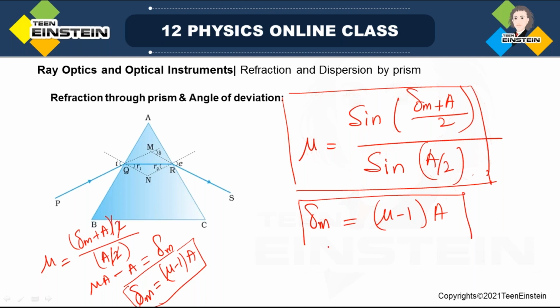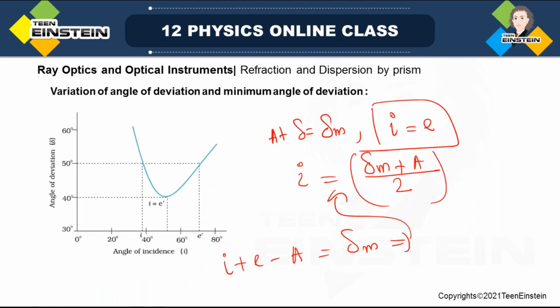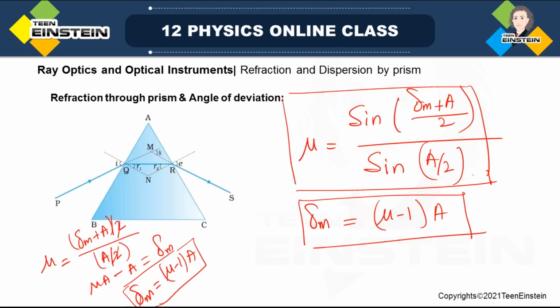And we have to do all the calculations at this condition, the angle of minimum deviation, because as we had seen, at minimum deviation the angle of emergence and angle of incidence will be the same. Otherwise, you will be confused with two angles of incidence. Okay. All right. So what we have got is a relationship between the minimum angle of deviation, angle of prism, and the refractive index of the material of the prism.